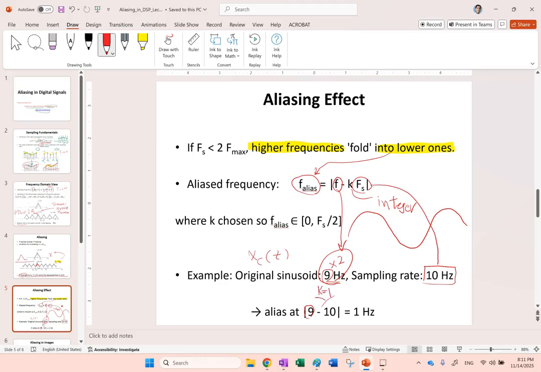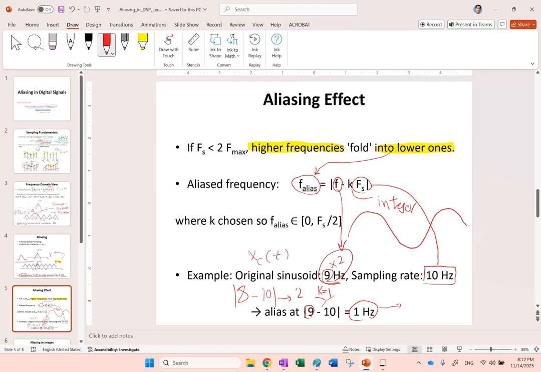So 9 minus 10 is -1, and the absolute value is 1 hertz. So although the sine wave has 9 hertz, when you look at the sampled version, you're going to see it as if it was only 1 hertz. If there was an 8 hertz frequency in it, you would see or hear it as if it was only 2 hertz. So you see, high frequencies are showing themselves as what?